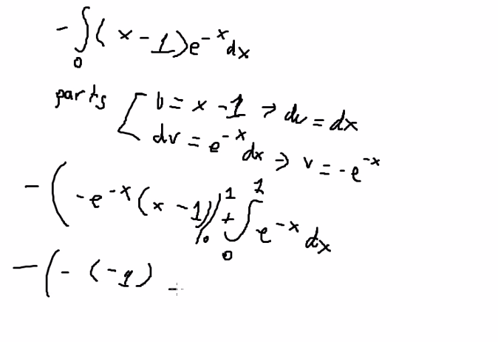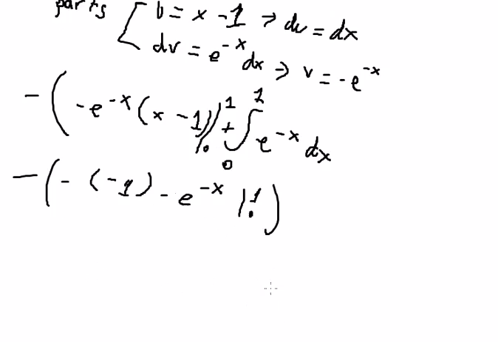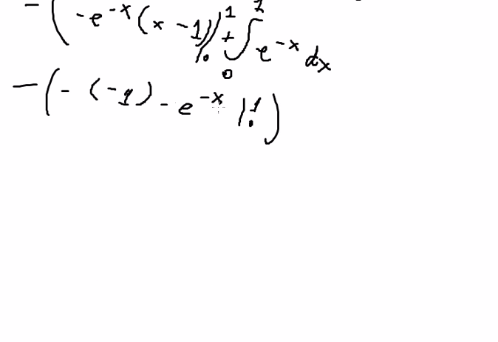And this one, you get negative e to the power of negative s. So we put number 1, number 0 in here. This one you get positive. So you get 1 over e plus e.